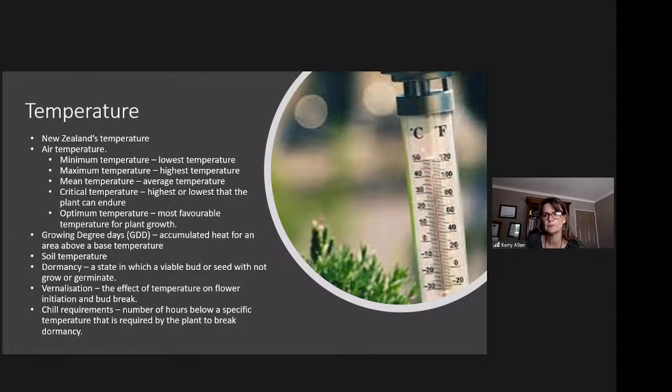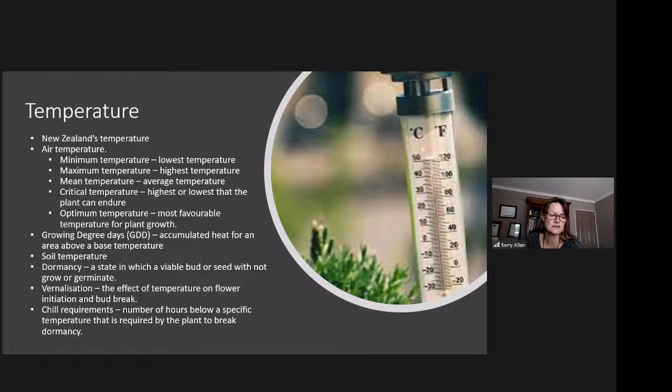You also want to have a basic understanding of dormancy, of when it's viable for that seed or that plant to start to grow. If it's a dormant plant through winter, when will it then continue to start growing? So when is it breaking dormancy? And then you have a brief idea of knowing vernalization. What temperature is required for bud break or flower initiation?